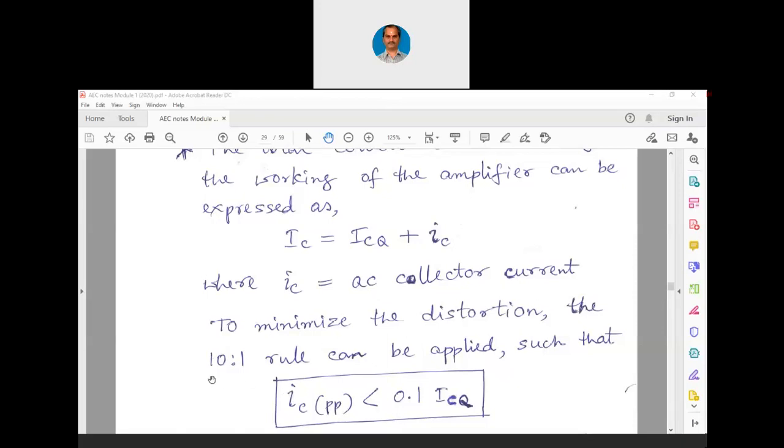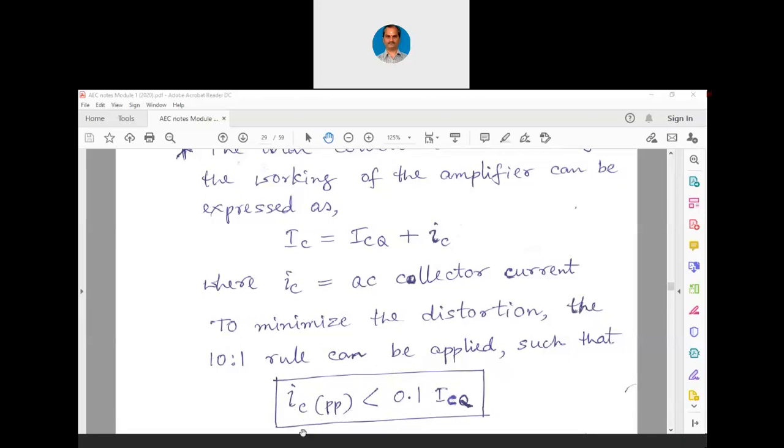We had applied this 10:1 rule earlier also for the choice of the value of the capacitors. Now, the small signal operation can be defined this way also, which means the input signal's peak to peak amplitude can be less than 10% of the quiescent current, which means the DC current we already know.